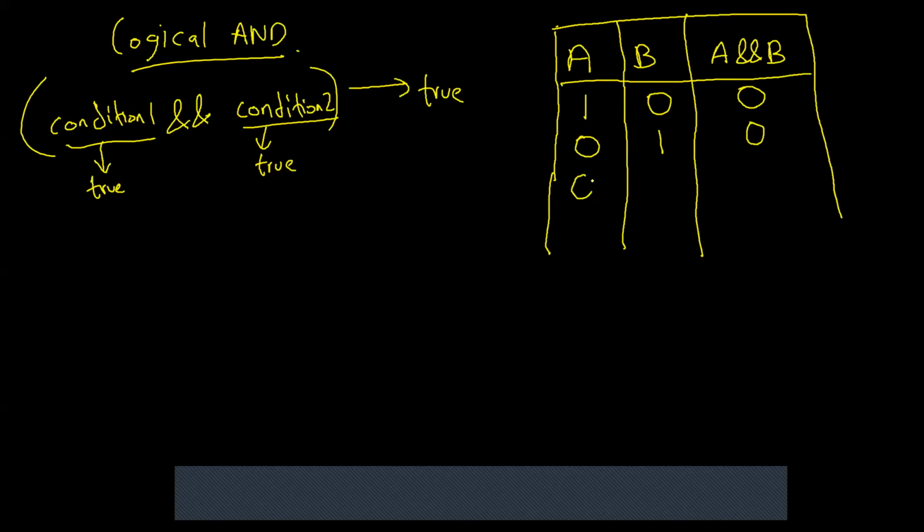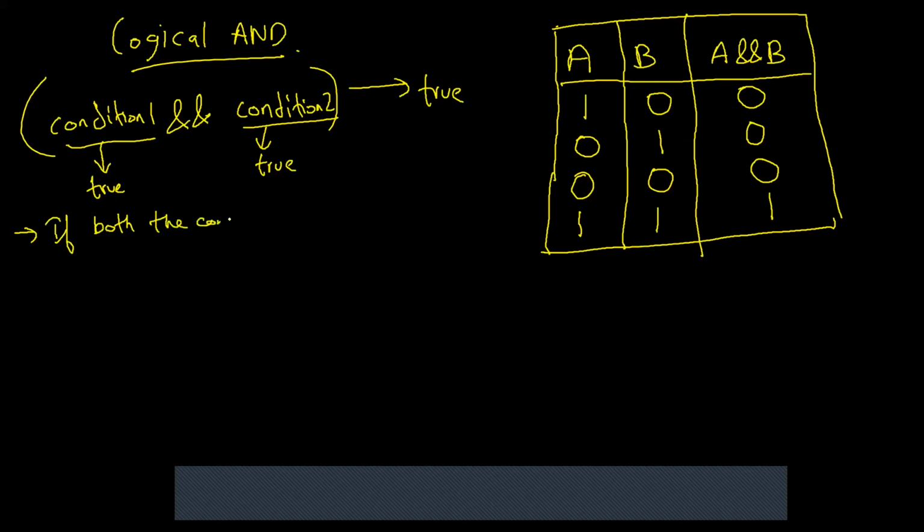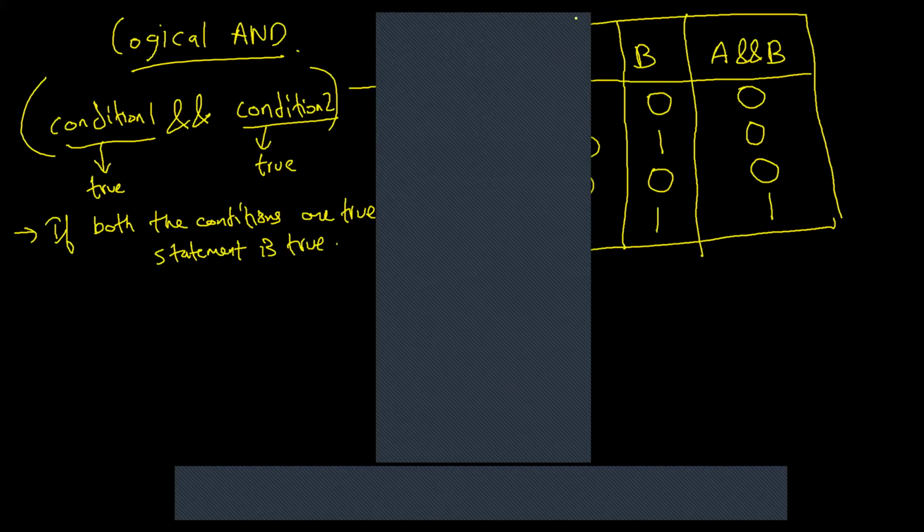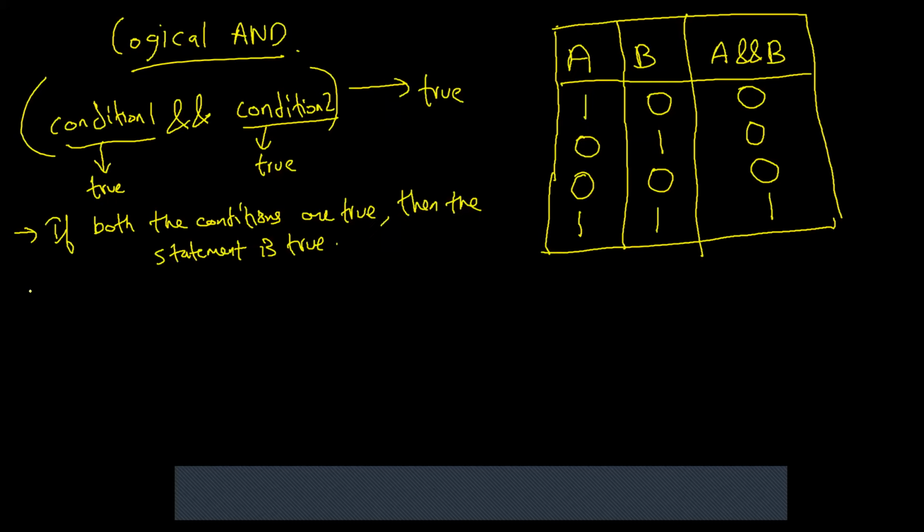If both of them are false, even then it will be false. Only when both of them are true will it be true. So I can write the statement: if both conditions are true, then the statement is true. Cool.